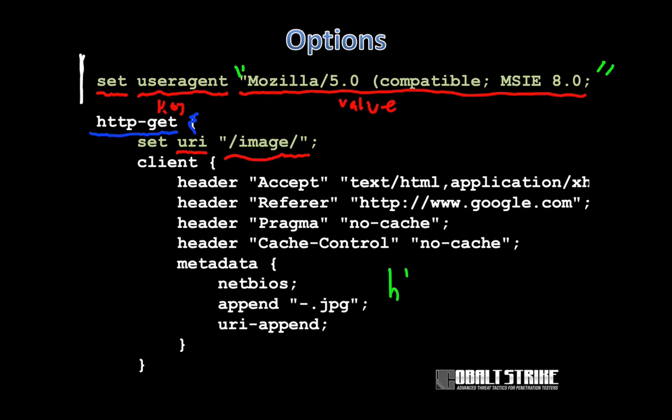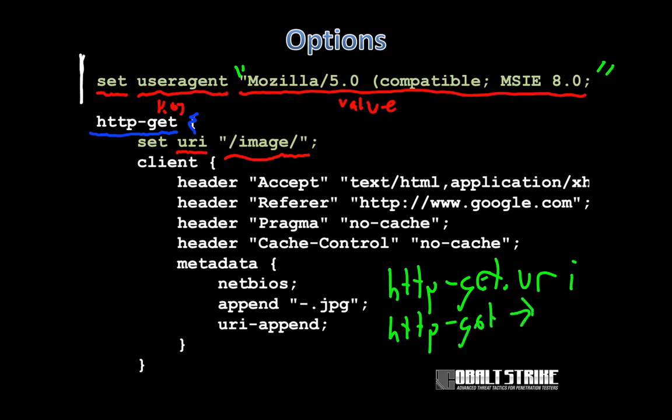I might refer to it as http-get.uri, or I might do http-get and an arrow pointing to URI. The main thing I want you to understand here is that options are a way of setting specific key value pairs, both globally and within the context of specific blocks in your profile.